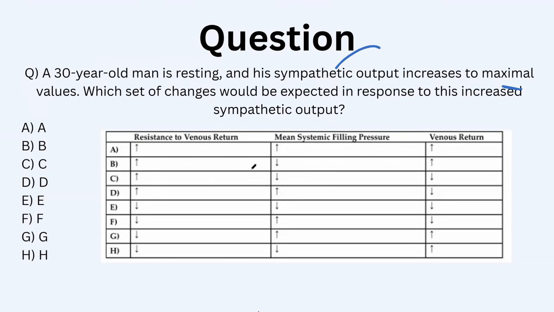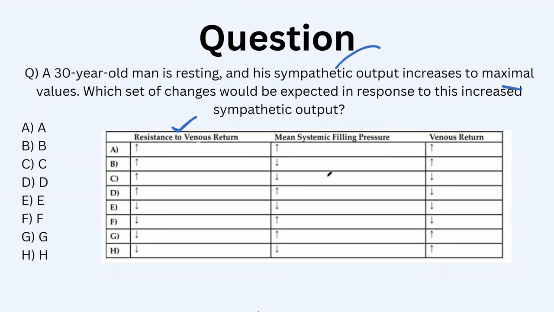Okay, so when you have increased sympathetic output, that means it's maximal. The sympathetics are affecting everything. And what is the effect of sympathetics on the blood vessels? They're going to contract. So even in veins, if there's sympathetic output to veins, they're going to contract.